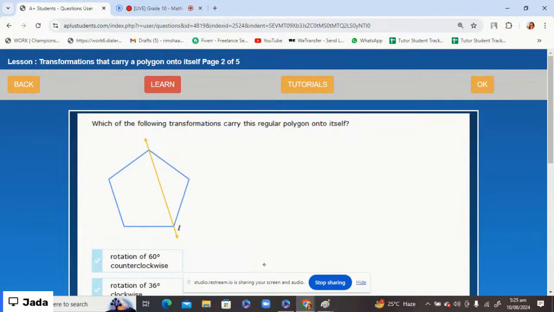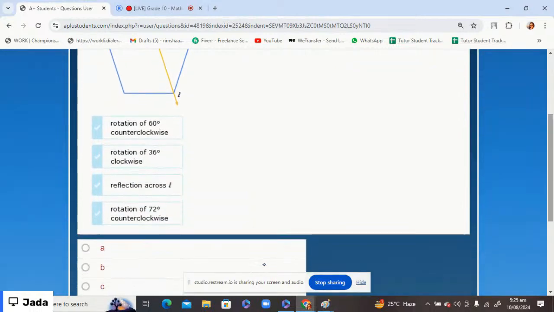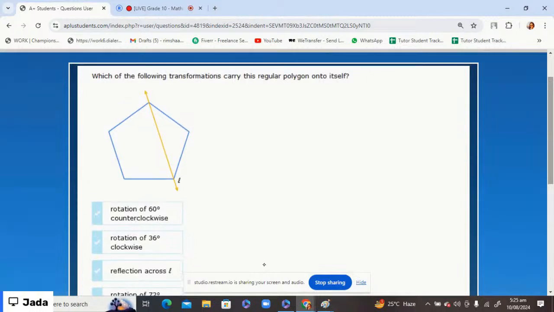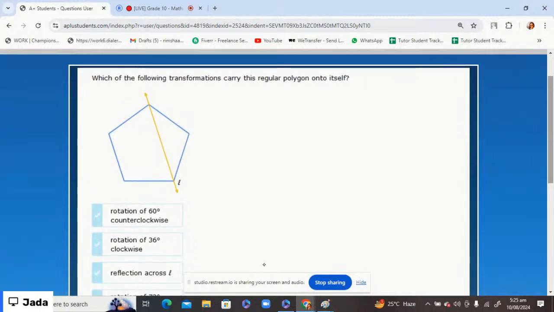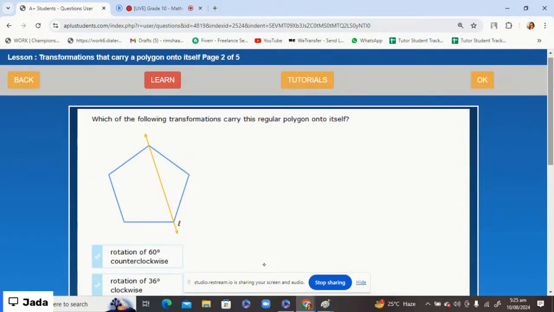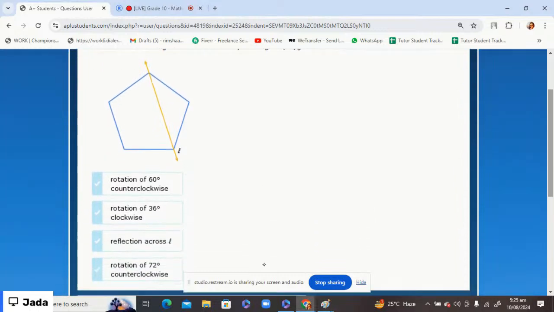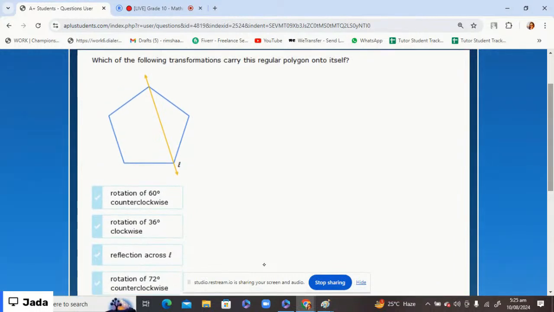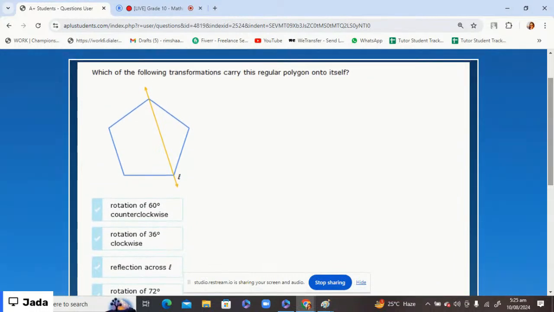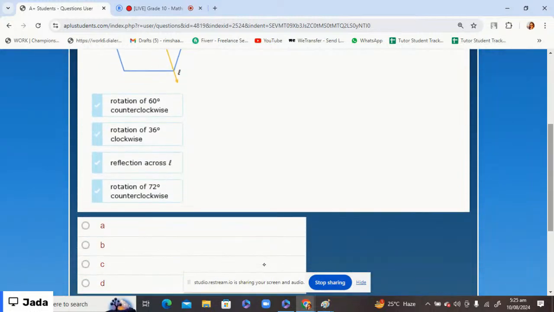Okay, I think we have already done this, but let's just repeat it again. Which of the following transformations carry this polygon onto itself? It's a pentagon. So how many total sides? Total sides are 5. So 360 divided by 5 is 72.